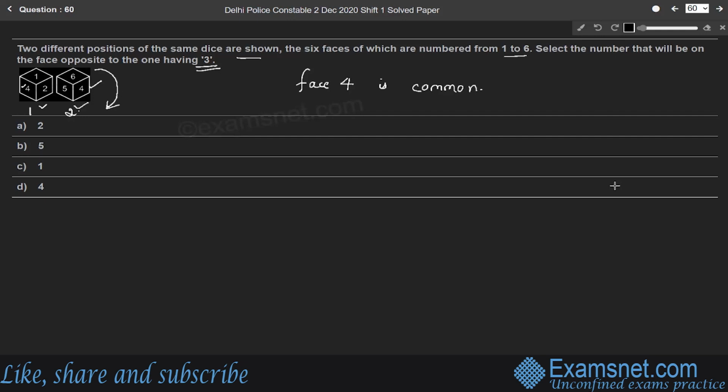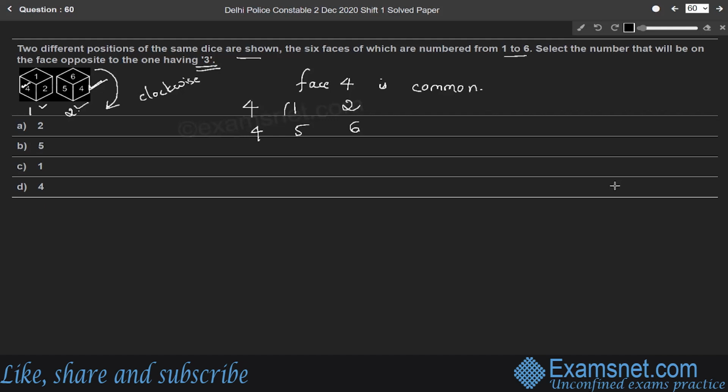Say, for example, if 4 is the common face, we write the faces from 4 in clockwise direction. That is 4, 1, 2. In the second position, starting from the common face, that is 4, 5, 6.